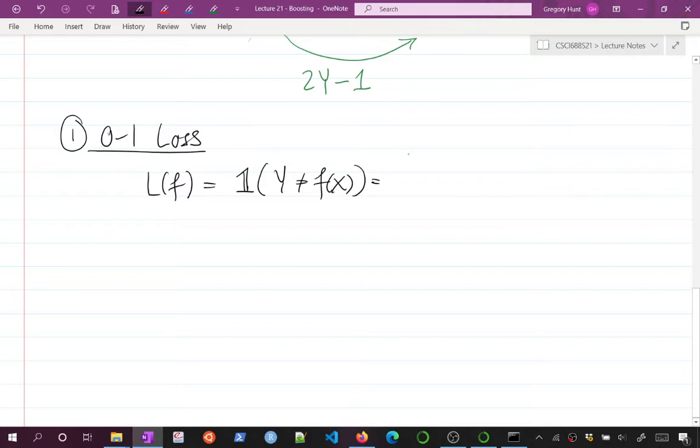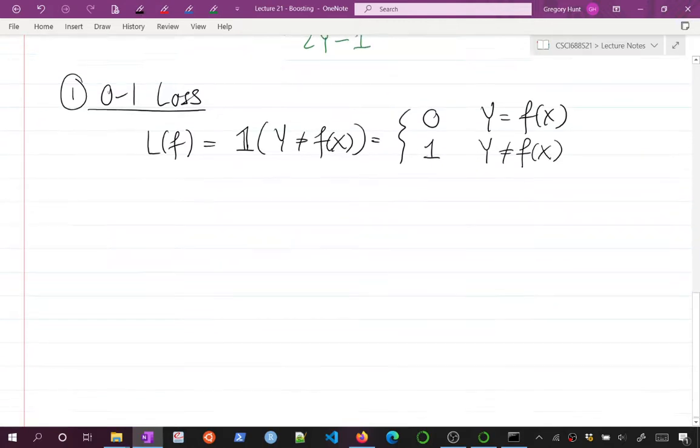So this is 0 if y is f of x. We have no penalty, no loss, if our predicted class f of x is equal to the actual class y, and we have one single unit of loss if y is not correctly predicted by f of x.